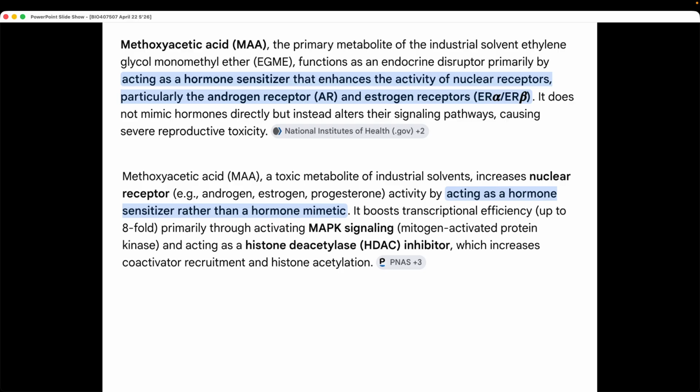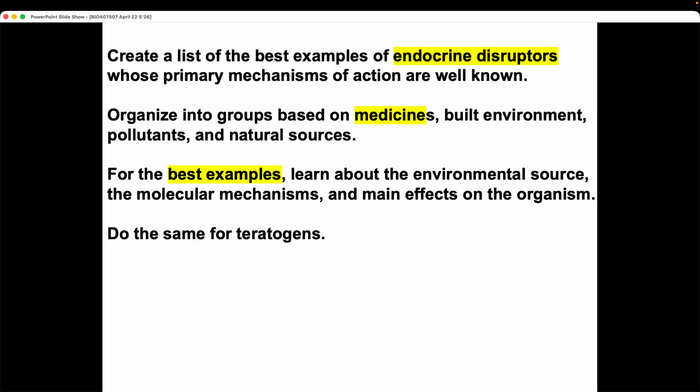Yep. Okay, great. So now the next is to go back to this general strategy of organizing your learning. We've developed some good examples of medicines that can be teratogens, and then we have the built environment. We have good examples of that. So BPA and phthalates are good examples of that.